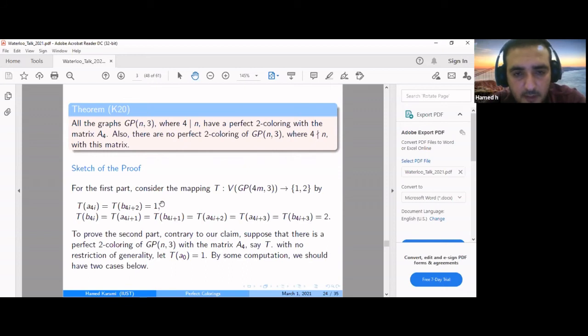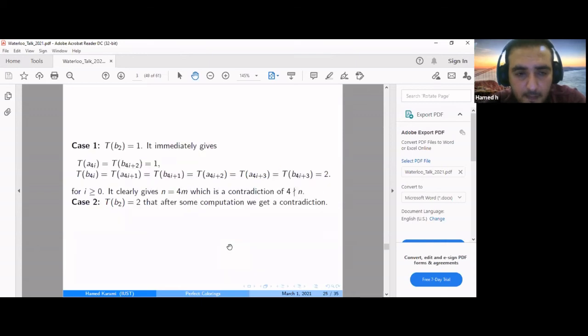For the first part, consider the mapping T. It gives a perfect two-coloring with the matrix A4 for GP(n,3). And to prove the second part, we suppose that there is a perfect two-coloring of GP(n,3) with the matrix A4. Again, we have two cases. In both cases, we get a contradiction.